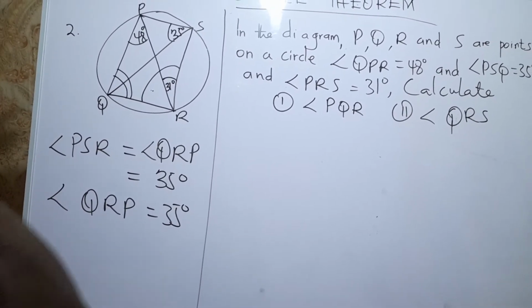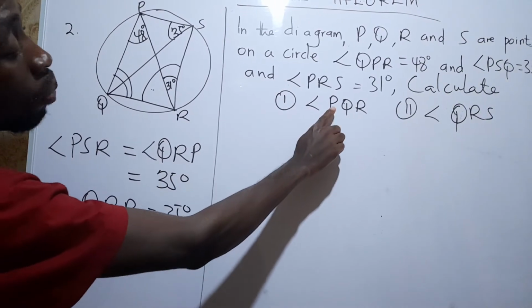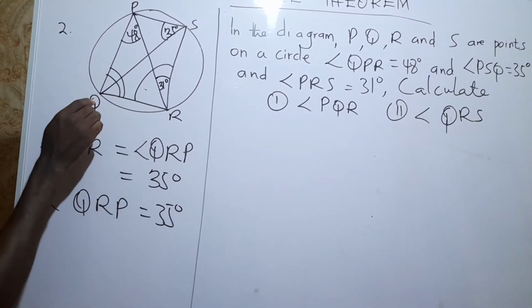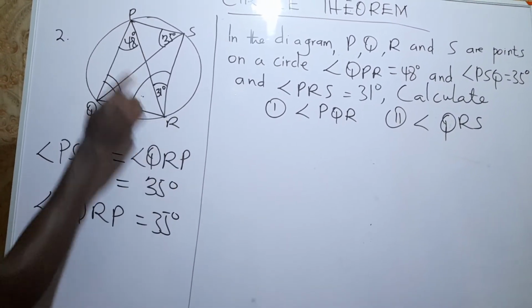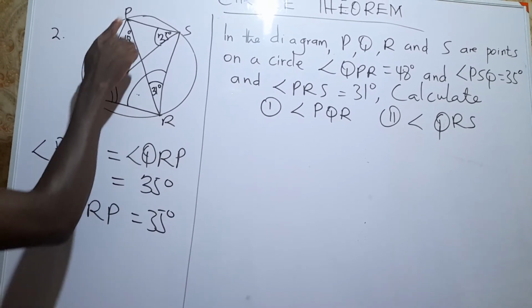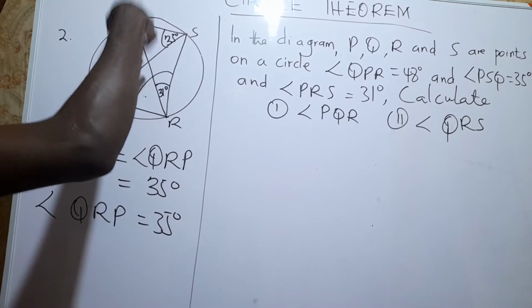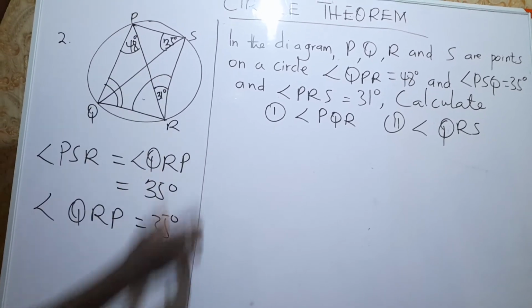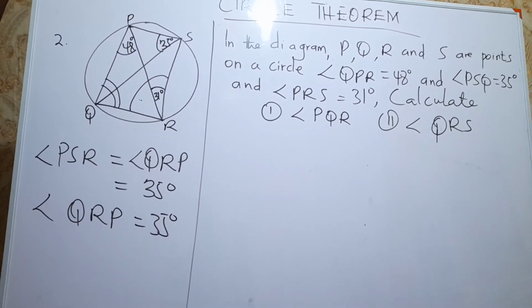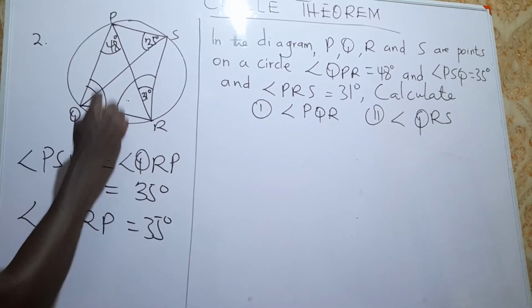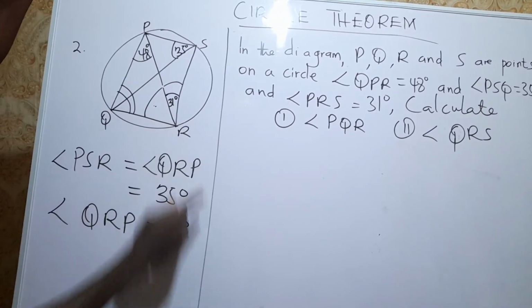Now, look, they are asking us to find angle PQR, this angle here. Let's take triangle PQR. PQR is a triangle without any doubt. The sum of the interior angles of that triangle will be equal to 180 degrees. So the angle here plus the angle here plus the angle here will be equal to 180.